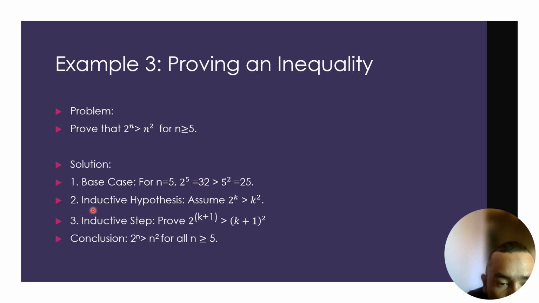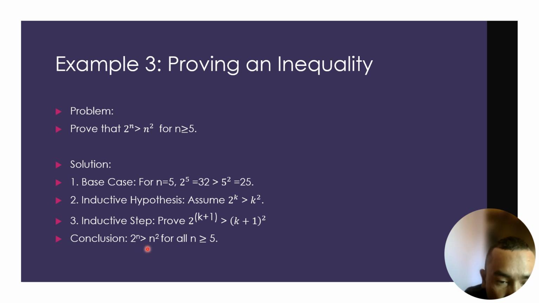Now the second step, the inductive hypothesis: assume 2 to the power k is greater than k square. Following this concept, the inductive step will prove that 2 to the power k plus 1 is greater than k plus 1 whole to the power 2.